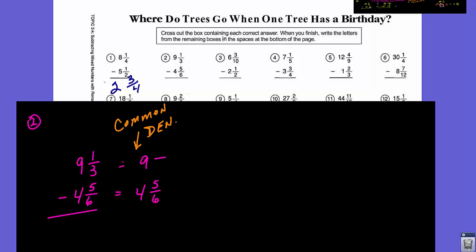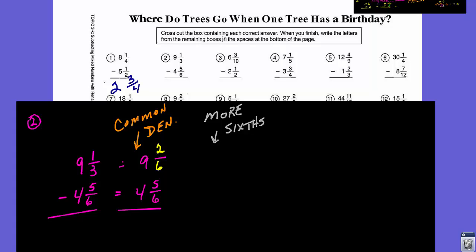And instead of 1/3 for the 9, I need it in 6ths, and 1/3 is 2/6. So now I can see I'm trying to take 5/6 away from 2/6, not enough 6ths, which means we go to the next step, which in this case is the more 6ths. I need to get myself more 6ths than I have right now.